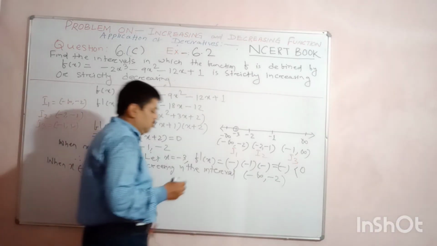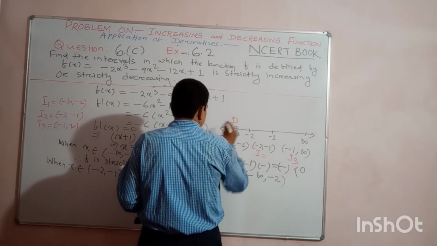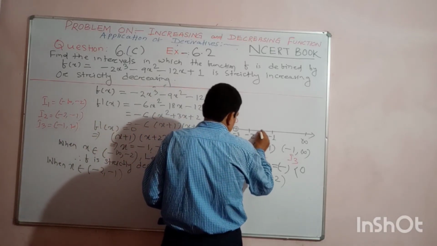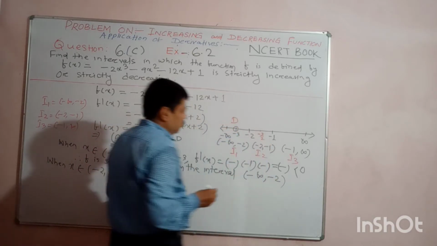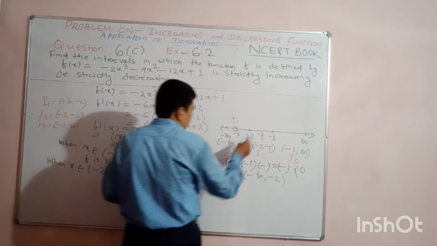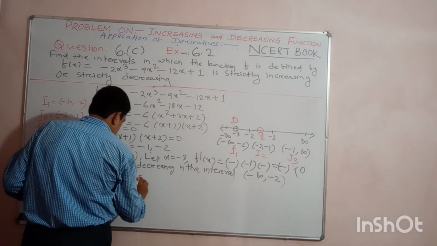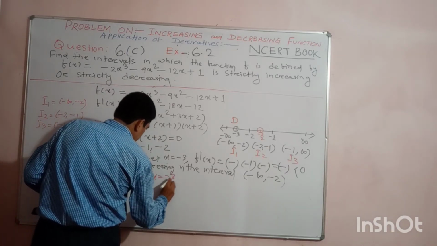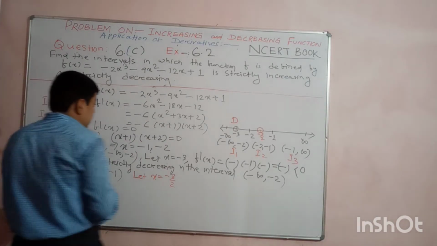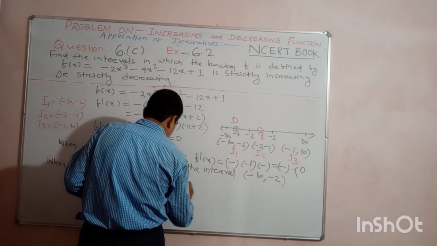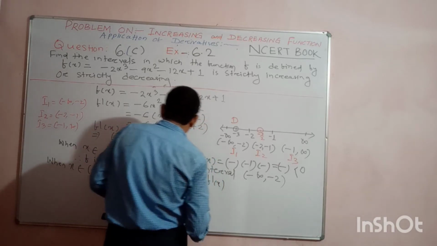Let us take a value, minus 3 upon 2, which we can also write as minus 1.5. Put the value in the derivative of the function.